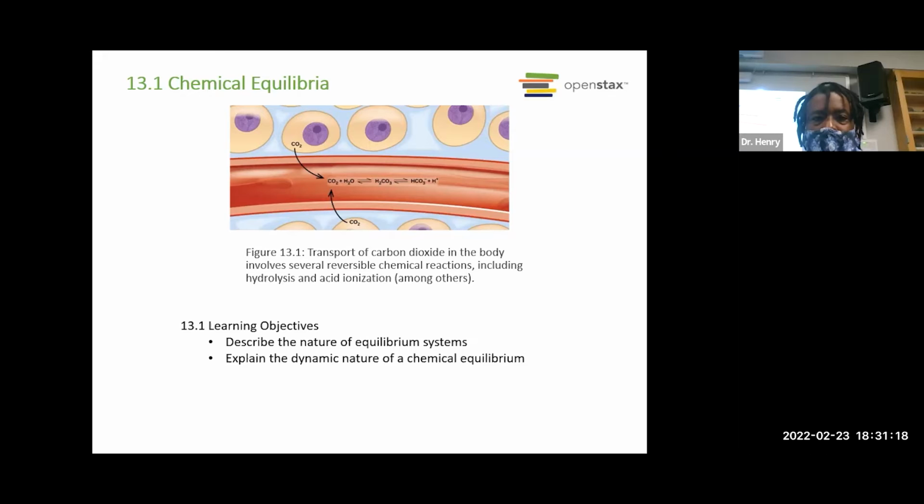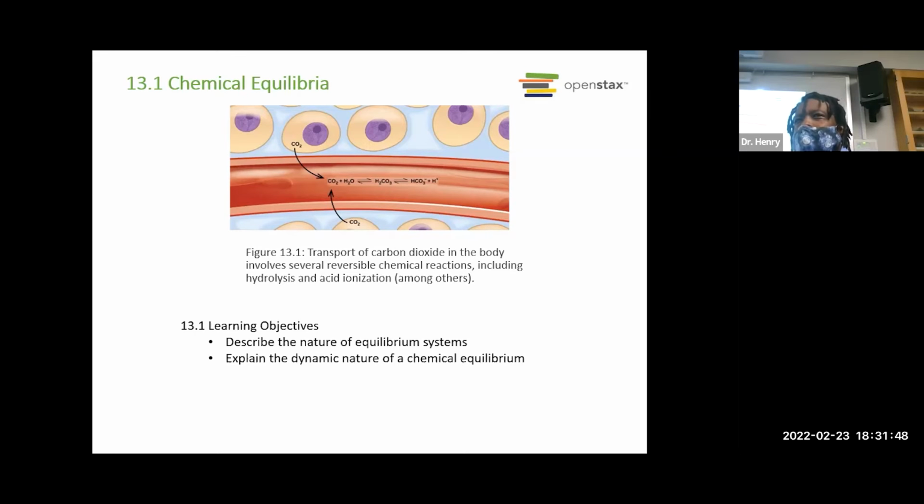We have CO2 plus water yielding carbonic acid, which is broken down into its ionic components. So you get bicarbonate and the hydrogen ion. Okay. Now, this is an essential part of how we manage our body; keeping the right pH is based upon this process.